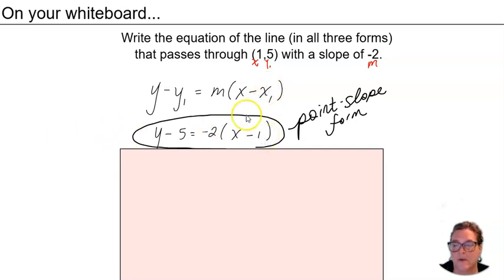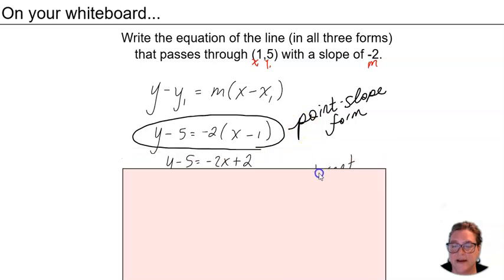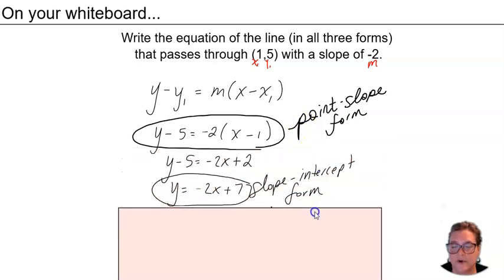Okay, now we have the equation in point-slope form. We're going to distribute that -2 over the parentheses to each of the terms in the binomial, and then we can add the constant to the other side to get into slope-intercept form. So we've got a -2x, a negative and a negative is a positive, and 2 times 1 is 2. We add 5 to both sides, and y is equal to -2x plus 7.